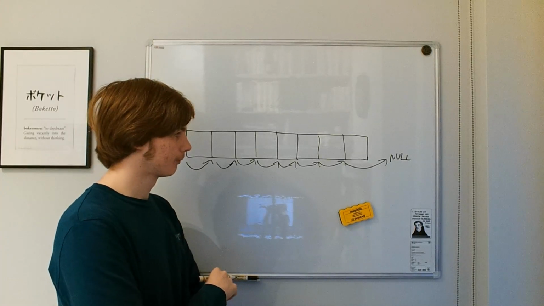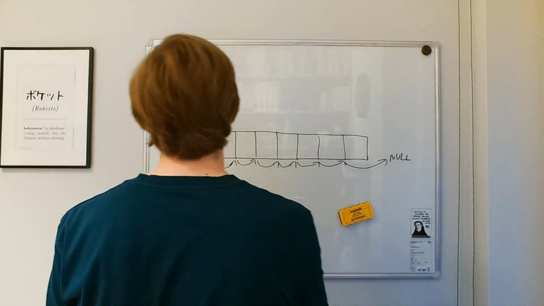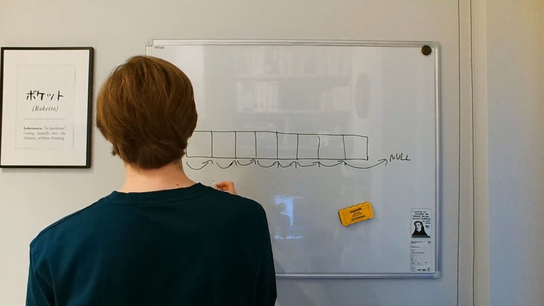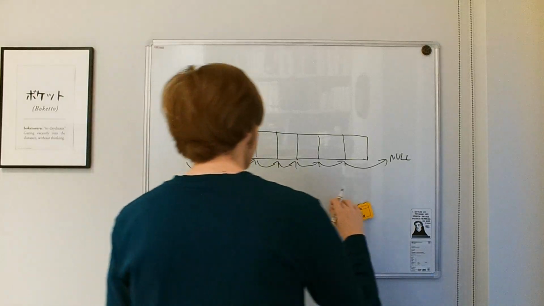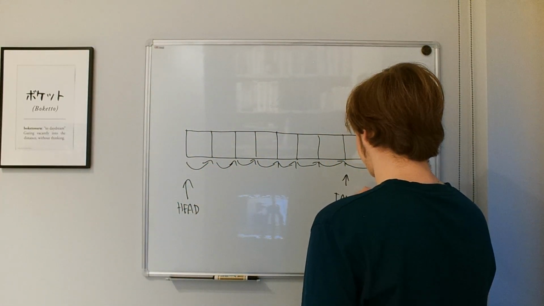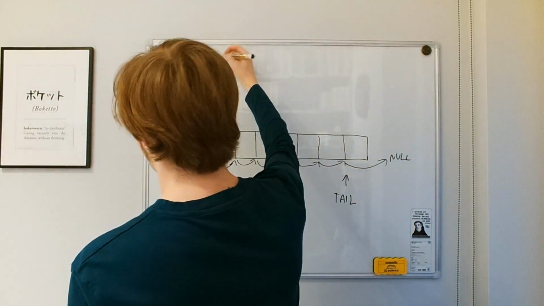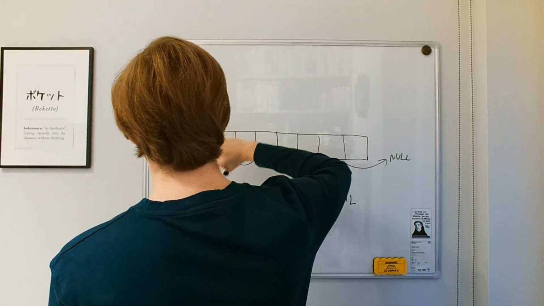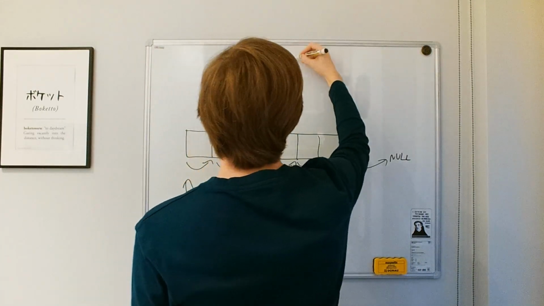Right, so you keep track of 2 pointers, and one of those pointers is going to be the head, and you're going to keep track of the tail. And I should have written down in the previous one that it was a bitmap allocator, but this is something called a Freelist.